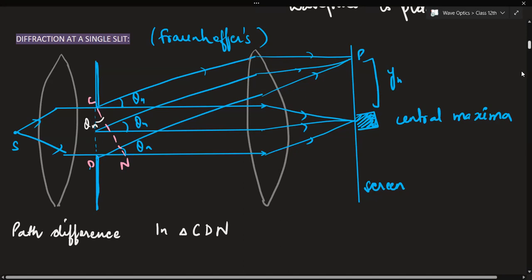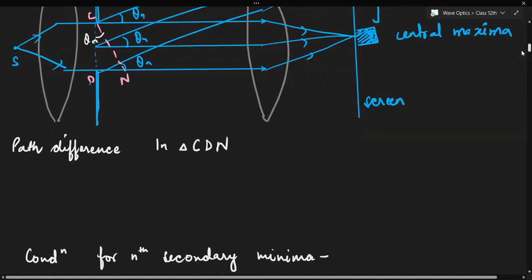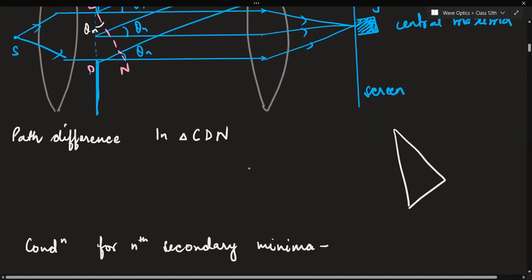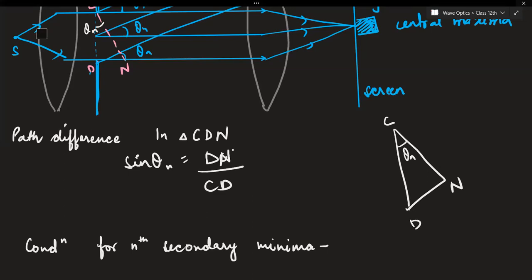So in this triangle CDN, this is theta n. Now sine theta n will be the perpendicular, that is DN, by the hypotenuse, that is CD. So DN by CD.